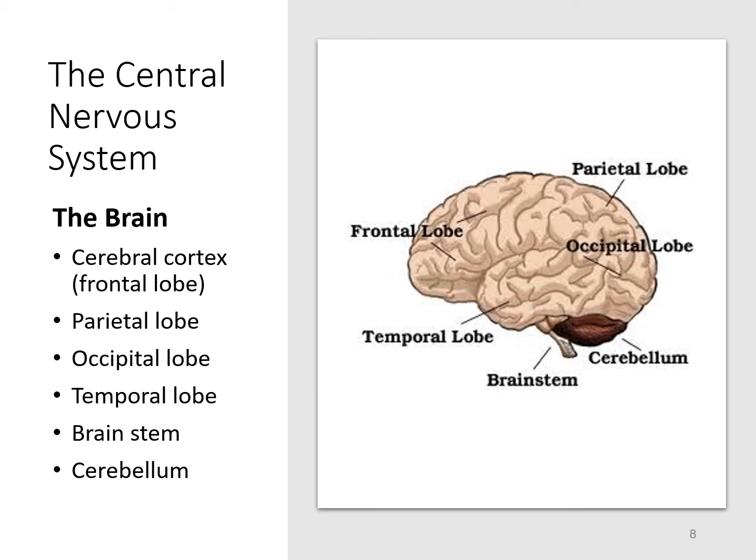Occipital lobe affects functions of visual processing. Temporal lobe. Functions include hearing and memory acquisition, some visual and spatial perception, and categorization of objects. Brainstem.